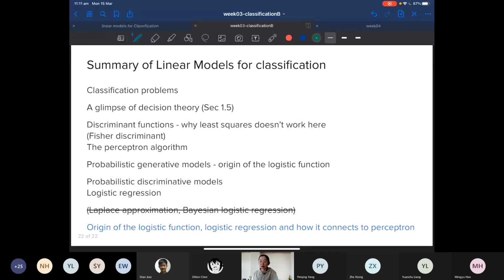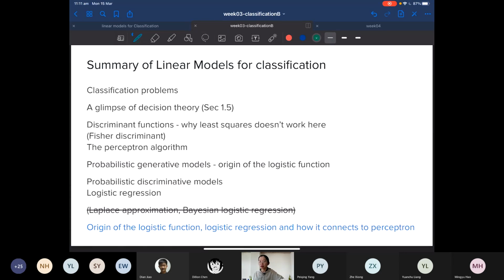So this is basically the classification chapter. We talked about what the classification problems are, a little bit about decision theory, and then basically the trilogy of ways of building a classifier: discriminant functions, generative models, and discriminative models.